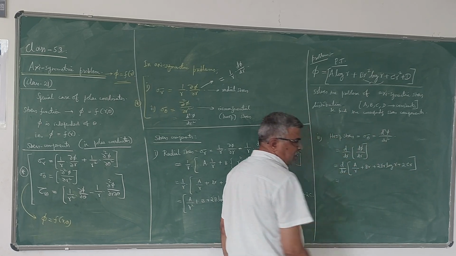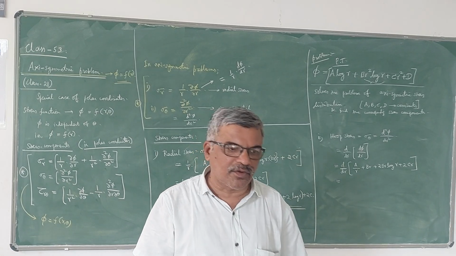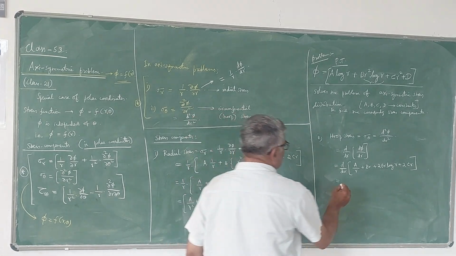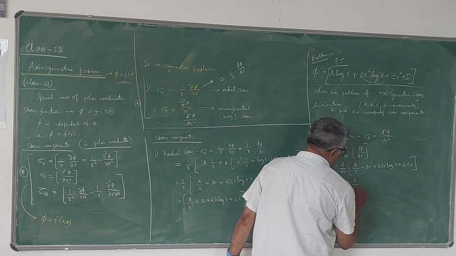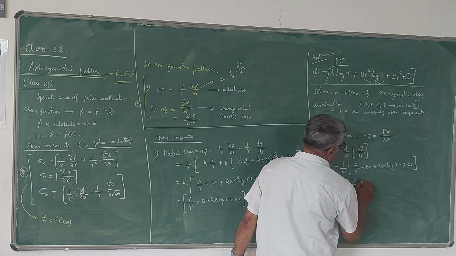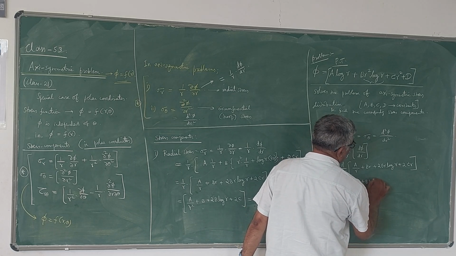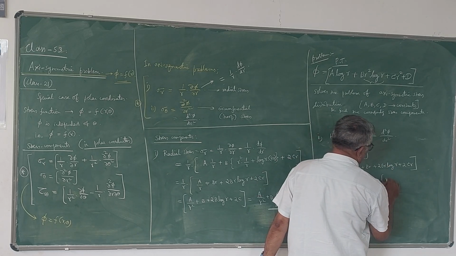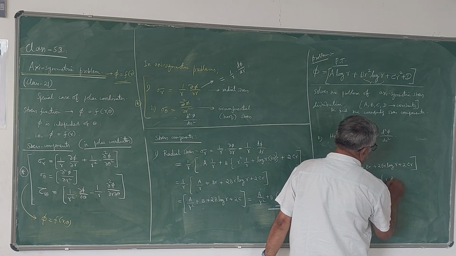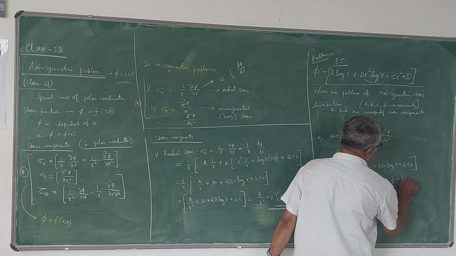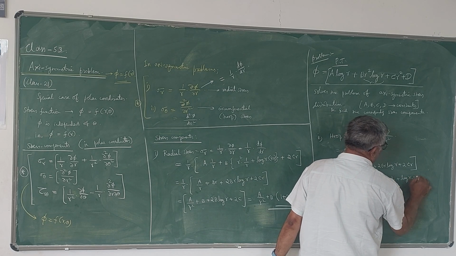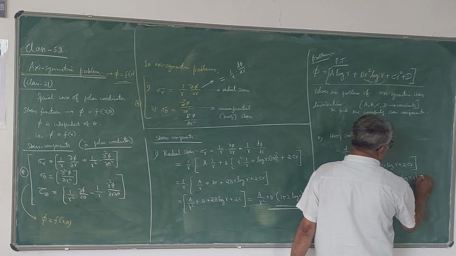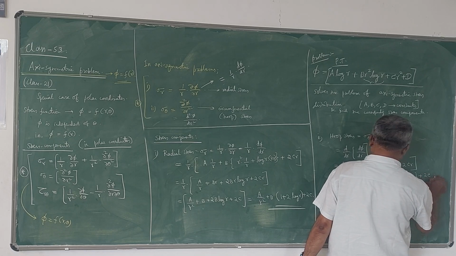So a is constant, derivative of 1 by r is minus 1 by r square. So minus a by r square plus b plus 2b into, once again we have to use product rule here: r into derivative of log r is 1 by r plus log r into derivative of r is 1, then plus 2c.